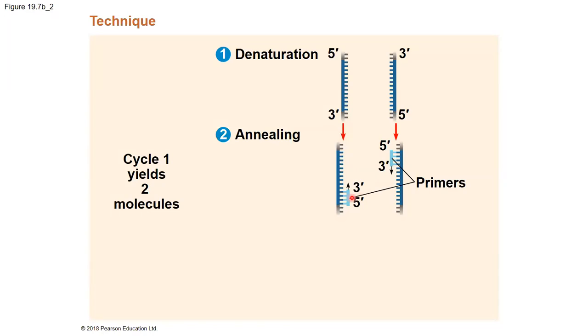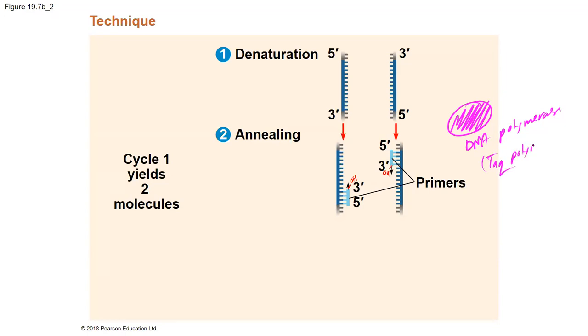Okay, so these primers are important because they provide a double-stranded region with a free OH group that could be recognized by the DNA polymerase. And typically we use Taq polymerase.